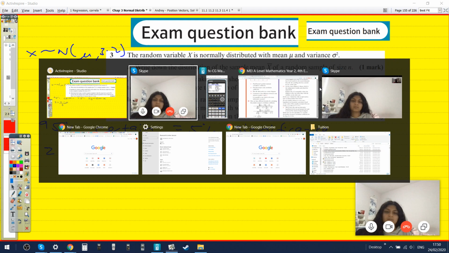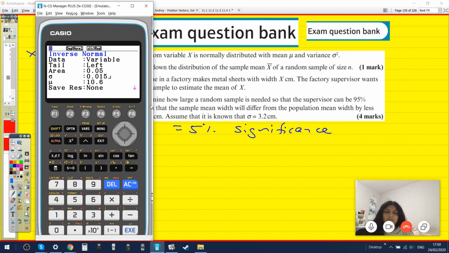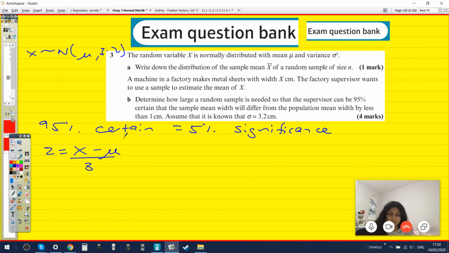I think you could do standard normal for this one. So 0, 1. So that's 1, that's 0. So that gives you z, and then you can find what x is. But you don't know what mu is either, so you have two unknowns.